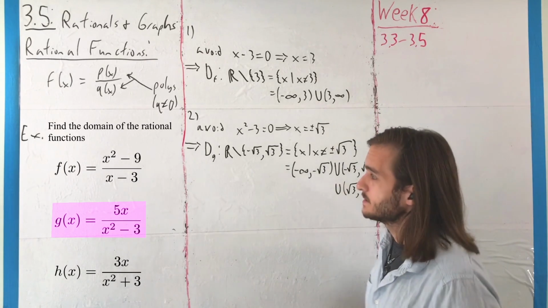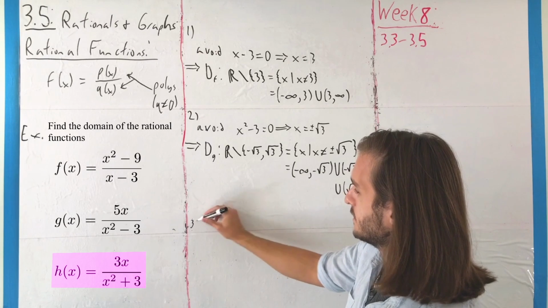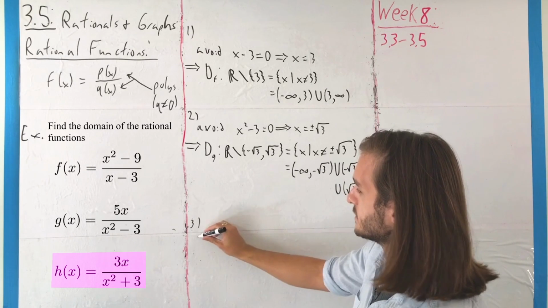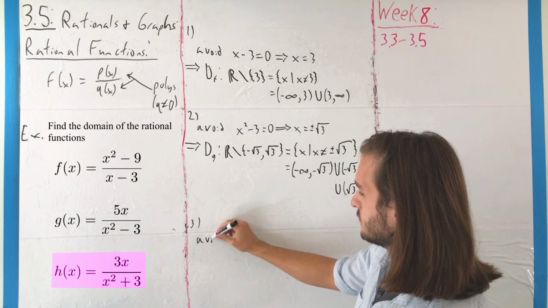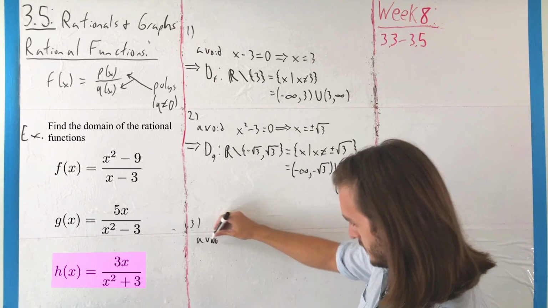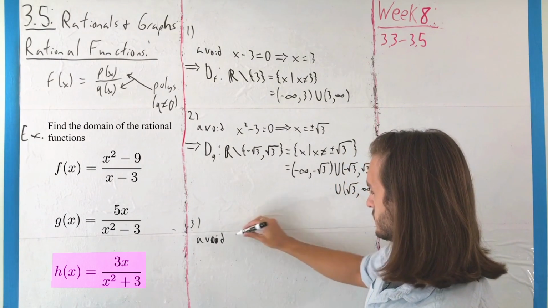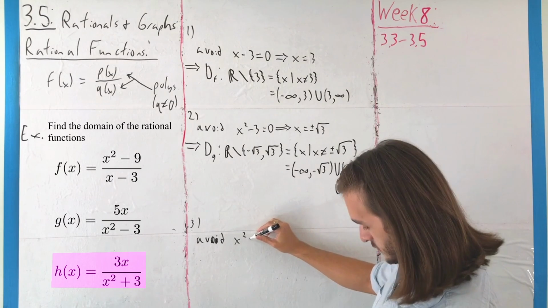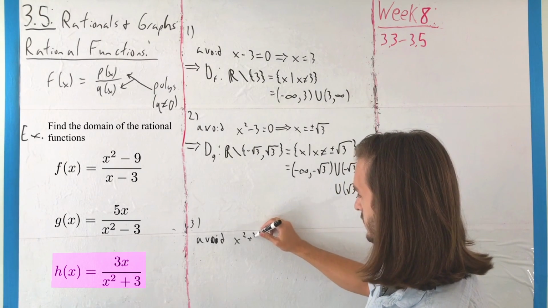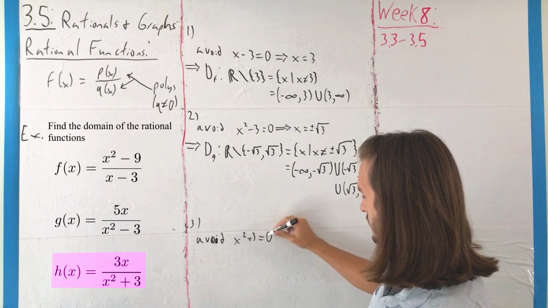And then for our last example, which I'm going to be a little bit short on space for, but that's okay, because there's not actually that much to do. What we want to avoid there is x squared plus 3 equaling 0.